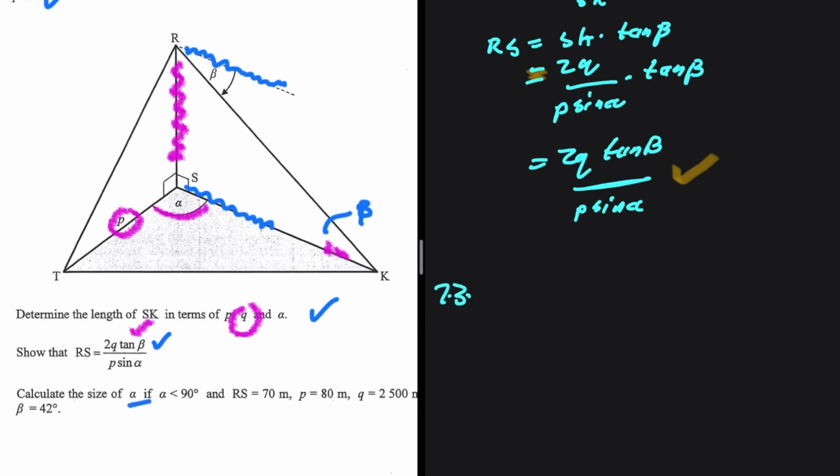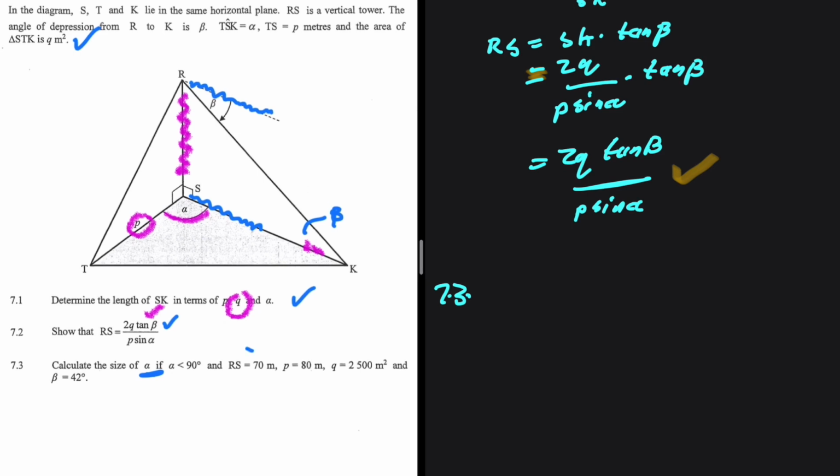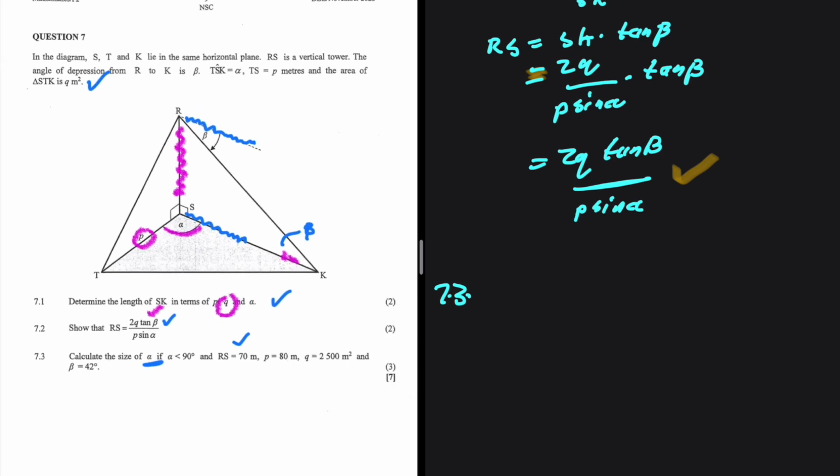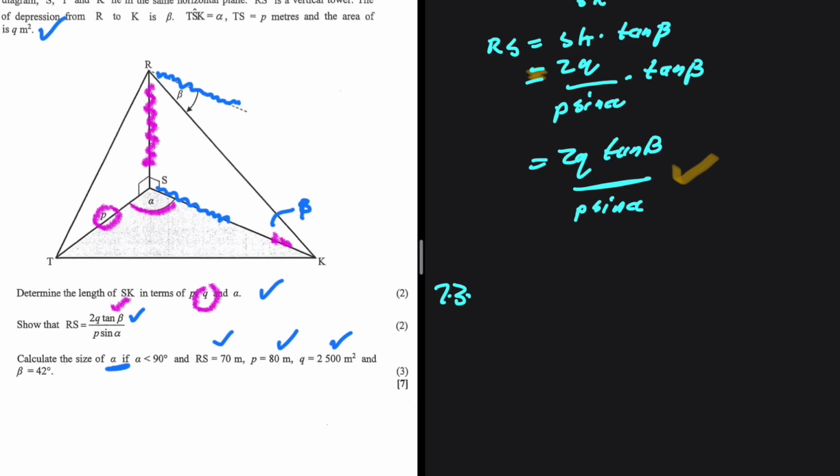Calculate the size of angle alpha if angle alpha is less than 90 degrees. We are told that RS is equal to 70 meters, P is 80 meters, Q is 2,500 meters squared, and beta is 42 degrees.